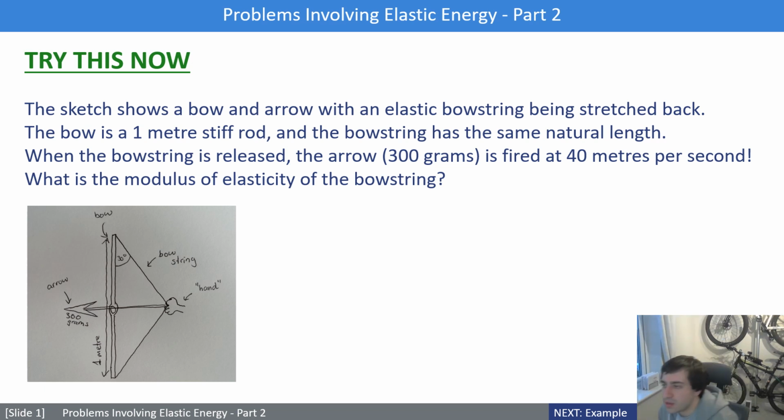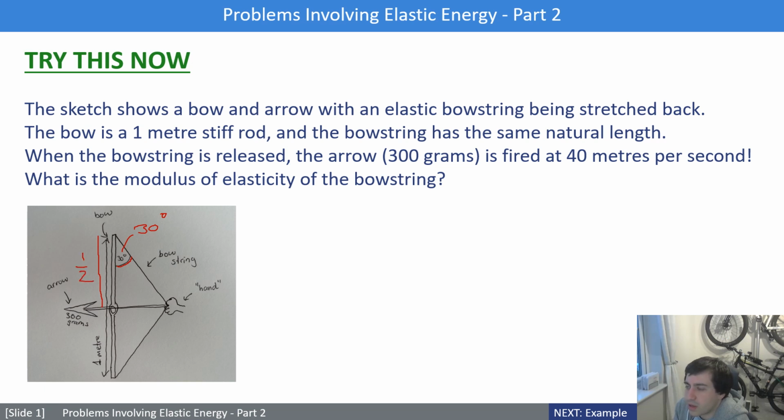Right, so to begin answering this, we've got the 1 meter rod, and hopefully you will then have considered what the length of the bowstring is as it's being pulled back by this hand. So you've got 30 degrees there on that angle, and therefore if we take this as two triangles, that triangle there will have a length of a half.